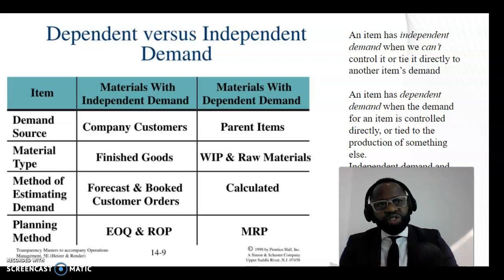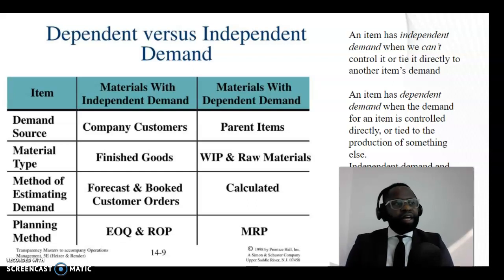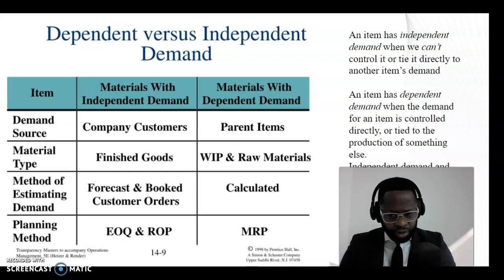So MROs, you can't get away from them. Maintenance, repair, and operating supplies, fuel, tissue paper, and so on. These are independent demand items in that they are not associated with manufacturing directly, right? I often call them indirect inventory items, yes? So they support the operation, but the tissue paper will not be fitted onto the aircraft. No. Right? The tissue paper will be on the aircraft for the passengers to use or somewhere else, right? So hope we got that clear.